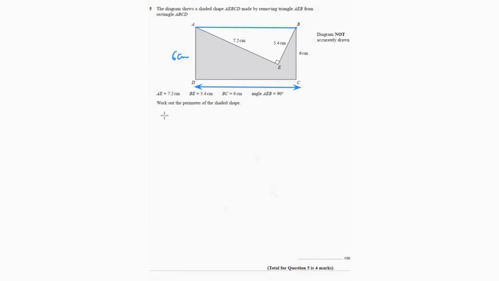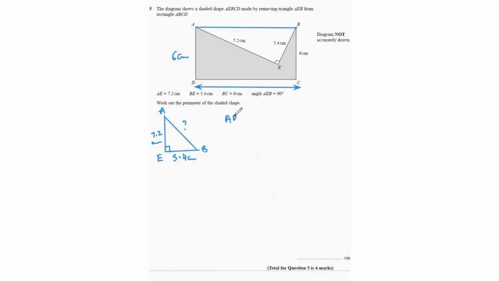So if we use this removed right angle triangle, we can figure out what AB is going to be. That's B over here with 5.4 centimeters. This is B, this is A, and this is 7.2 centimeters. So AB is what we're trying to find.